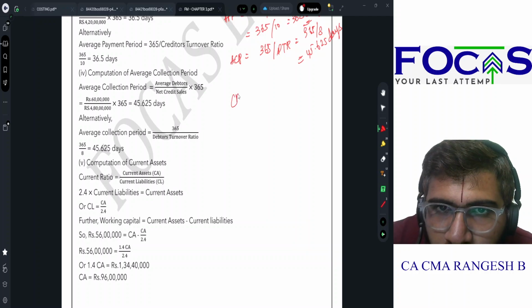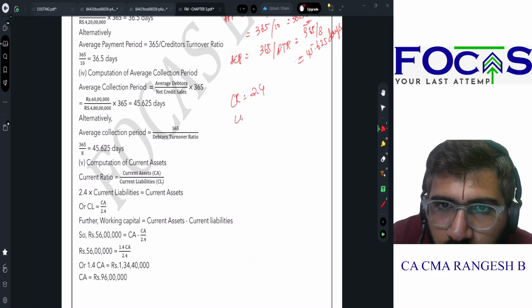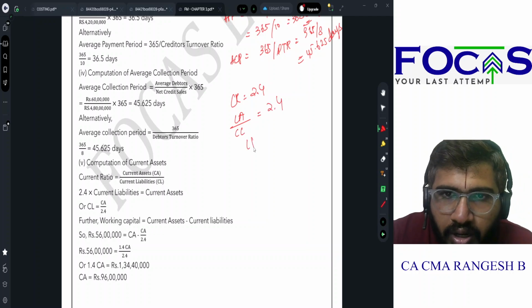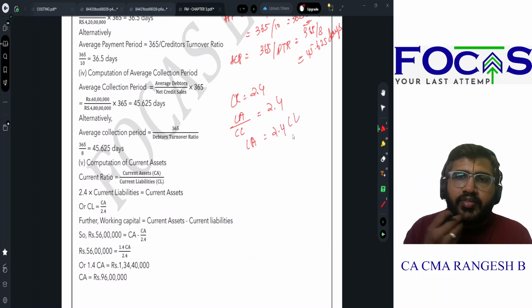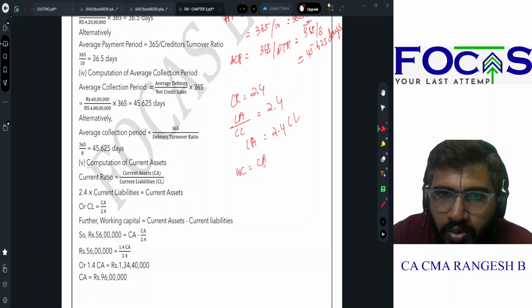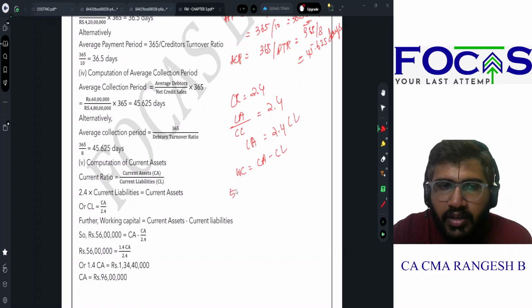Now they've asked you current assets and current liabilities. So current ratio they've given you is 2.4. Current assets by current liabilities is equal to 2.4. So current assets is equal to 2.4 times current liabilities. Correct? Yes or no? Yes. Super. So working capital is equal to current assets minus current liabilities. Working capital is given as 56 lakhs.